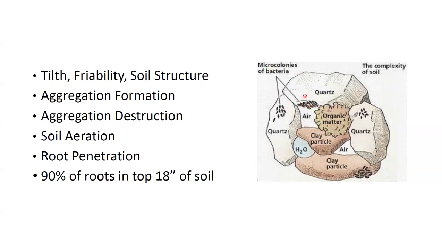And those beneficial bacteria are aerobic bacteria, bacteria that need air in order to survive. So they need a place to live, they need air, and they need water. They feed on organic matter. So adding organic matter to your soils helps to feed our soil food web, right? That's one of the primary food sources of the soil food web.